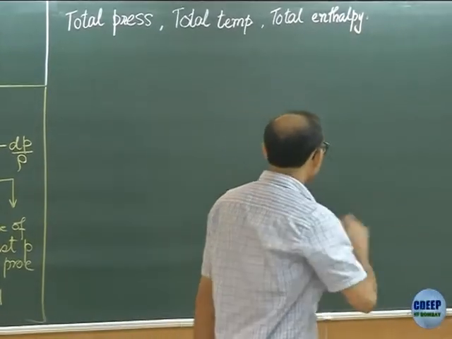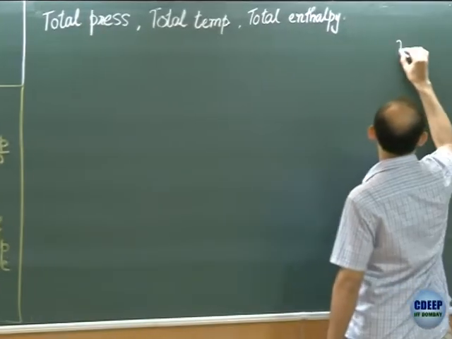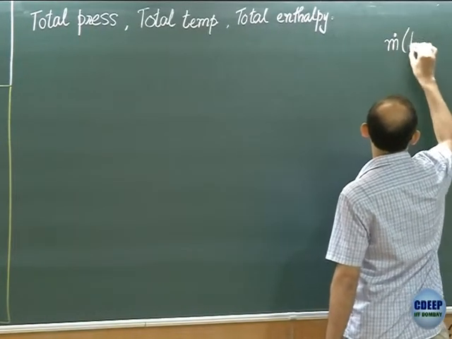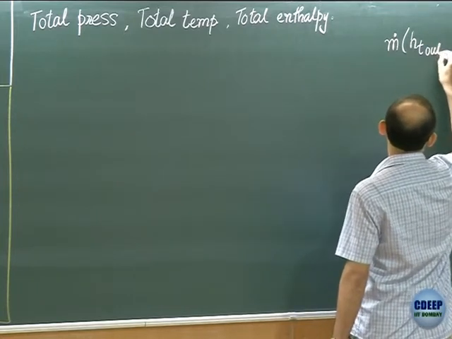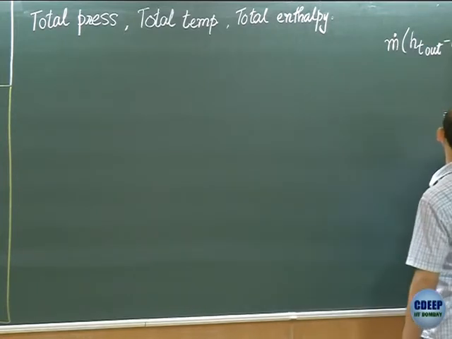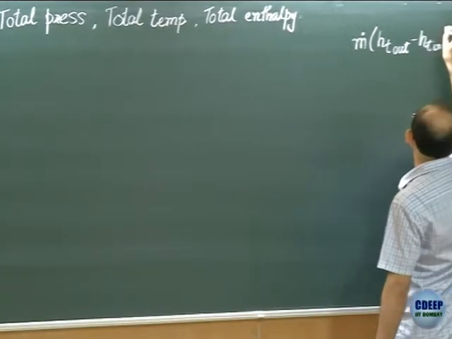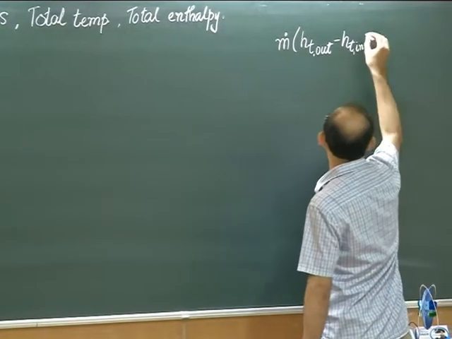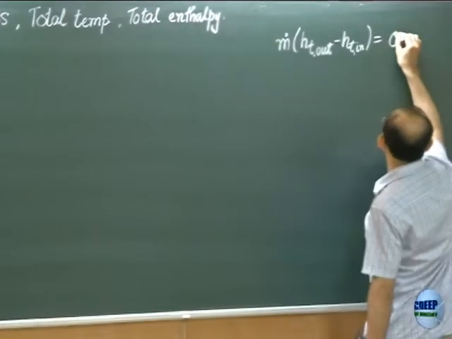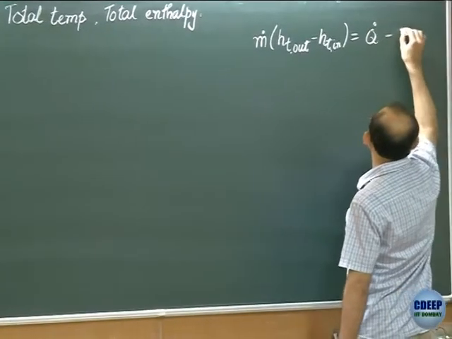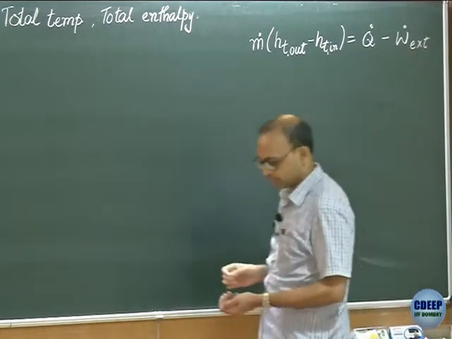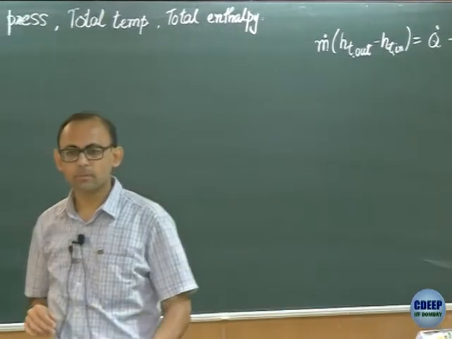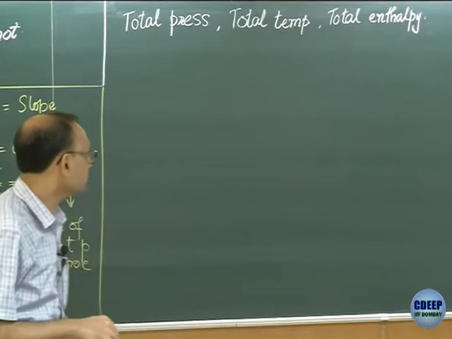In fact, let's start with first law, where we say m dot times ht out minus ht in equal to q dot minus w dot external. We all kind of remember at least some form of this equation.